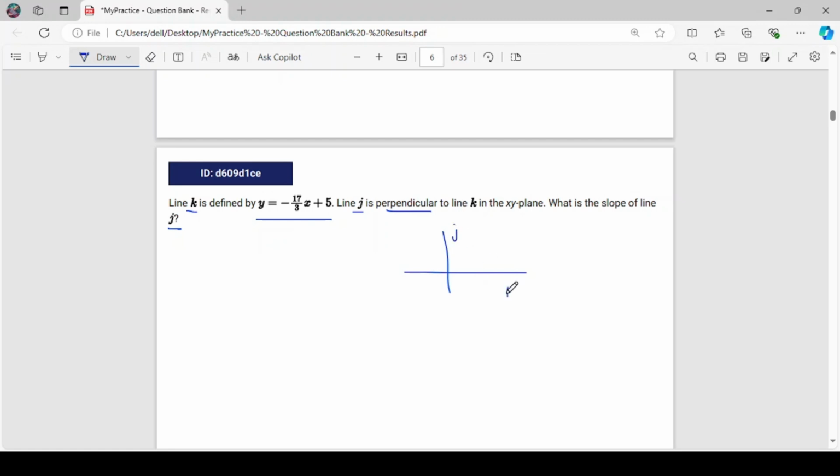For example, if the gradient of J is 2, the gradient of K will be minus 1 over 2, negative and reciprocal. In this case y equals minus 17 over 3 x. The coefficient of x is the gradient, so we just take the negative reciprocal of this term. Minus 17 over 3 becomes 3 over 17, and this is our answer.